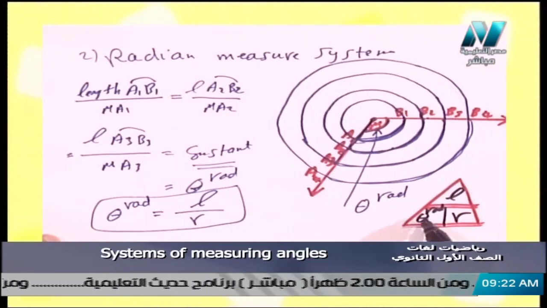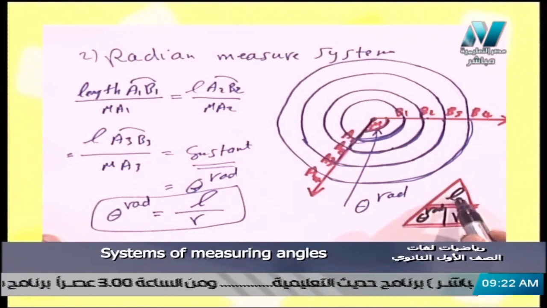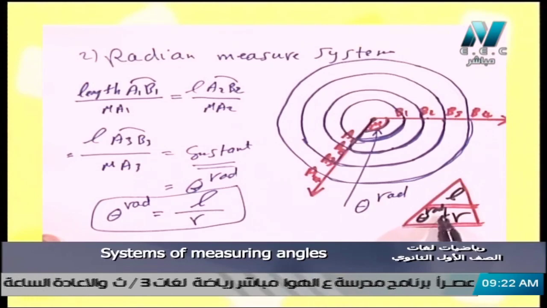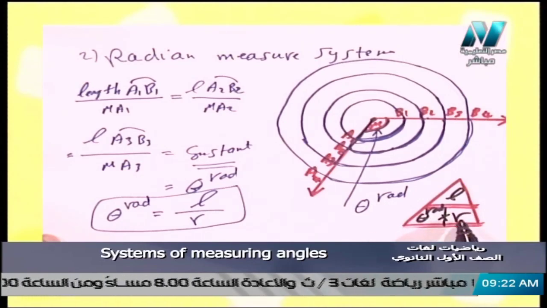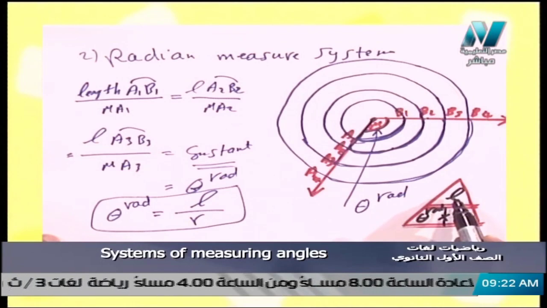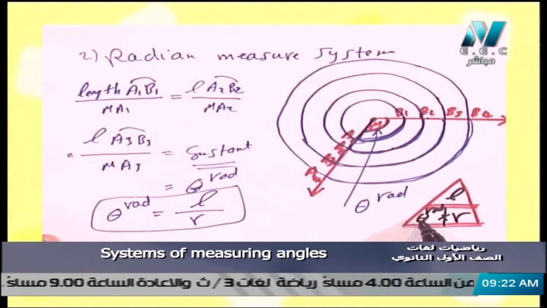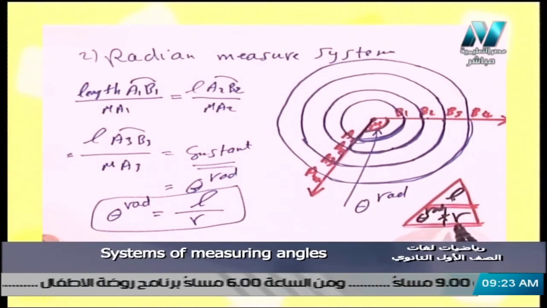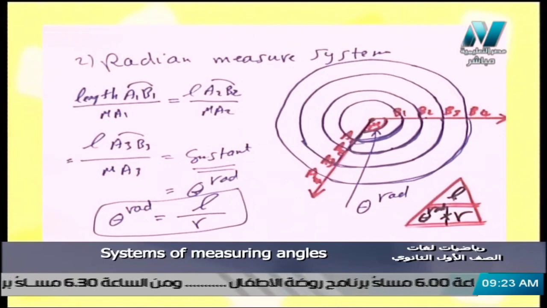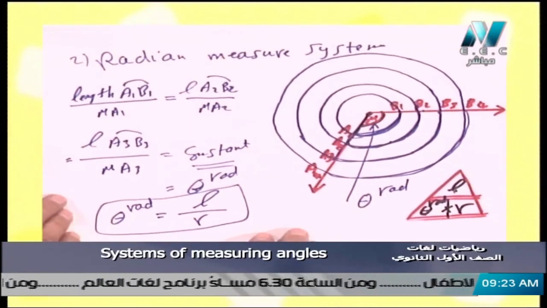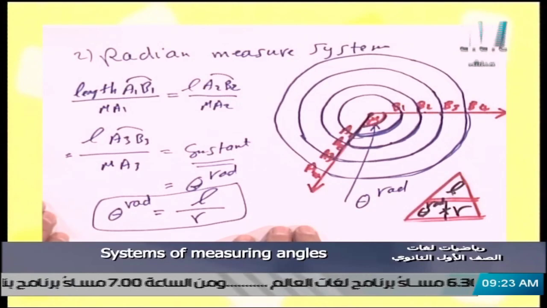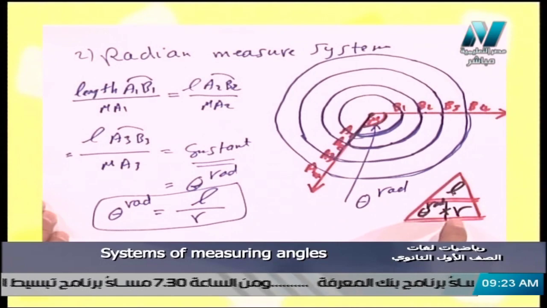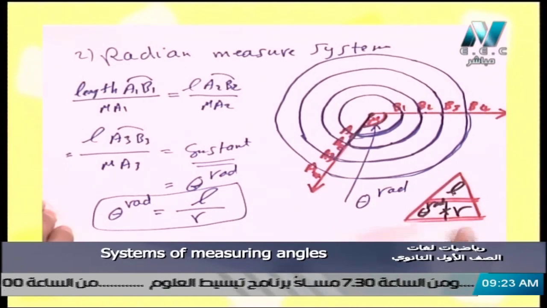To find theta rad, you must divide L over R, and to find L, you multiply theta rad by R, and to find R, which is the radius, you have to divide length over theta rad. So keep it, here is L, theta rad, and the radius. So this is the definition of theta rad or the radian system, to divide the length of the arc over the radius all the time.